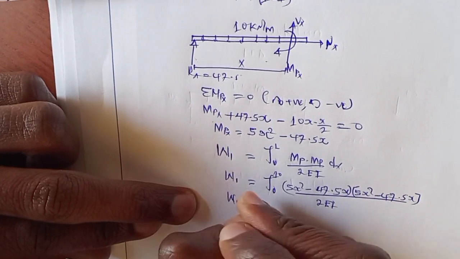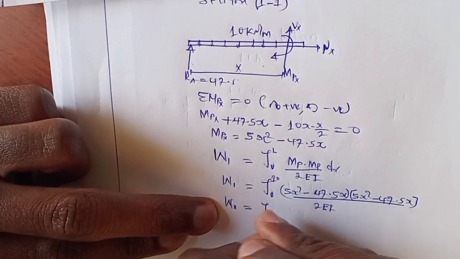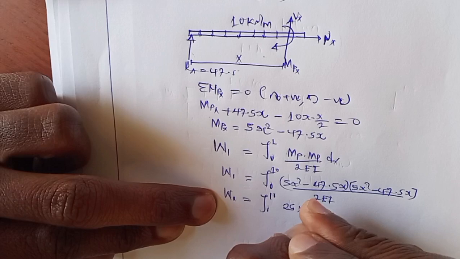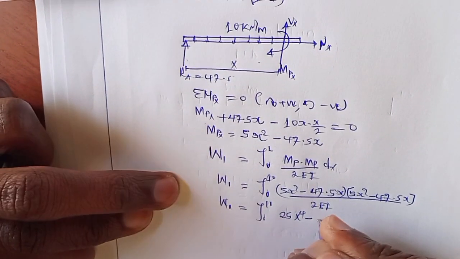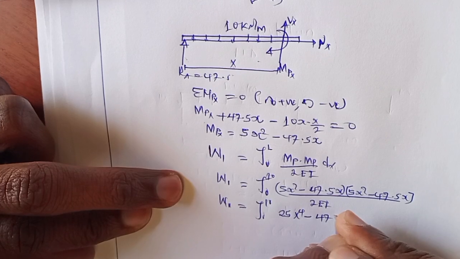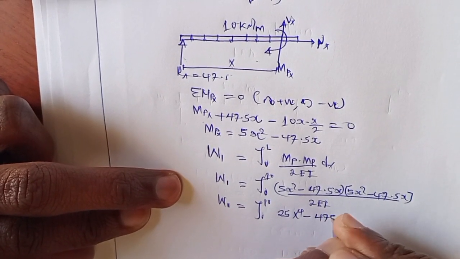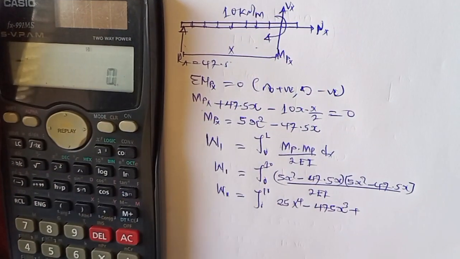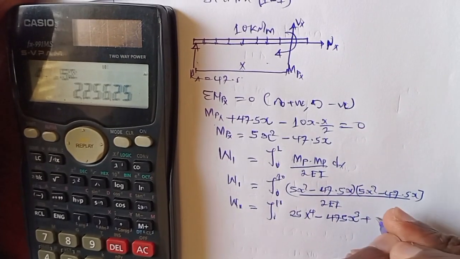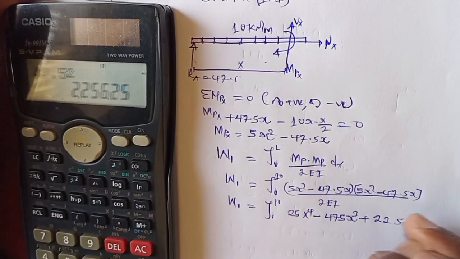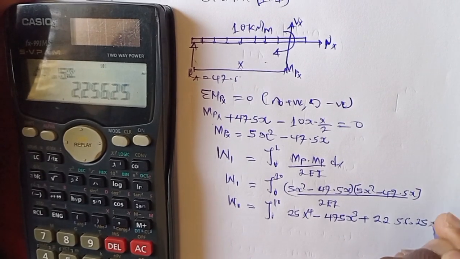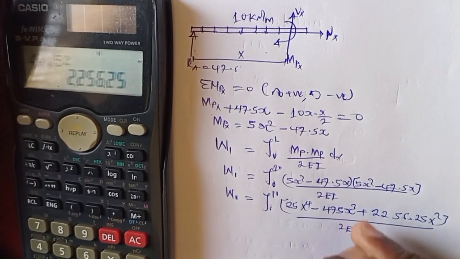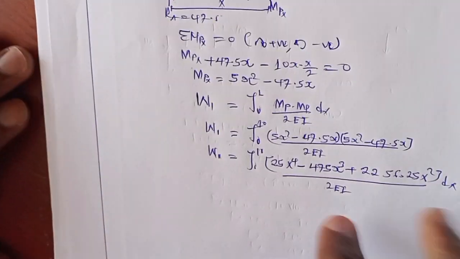When you multiply this one, from 0 to 10, it will be 25x to the power 4 minus 475x cubed plus the square of this one, 2256.25x squared, over 2EI dx.